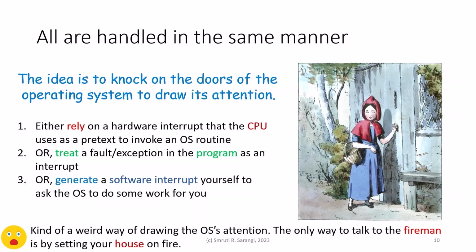Either you rely on a hardware interrupt, or you can automatically generate a hardware interrupt, so the CPU can use this as a pretext to invoke an OS routine. Or every fault or exception, again that's an interrupt. Every fault or exception will have an exception number. And the processing pipeline is the same.